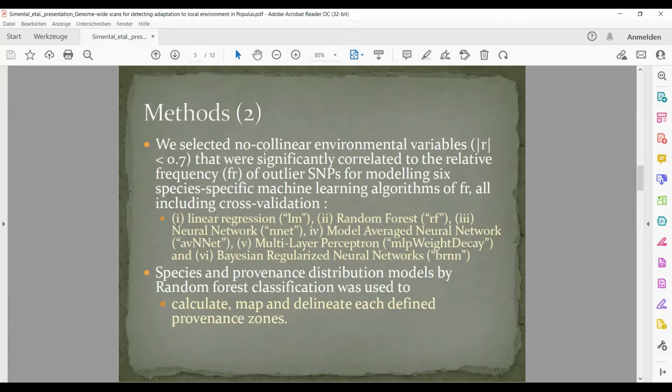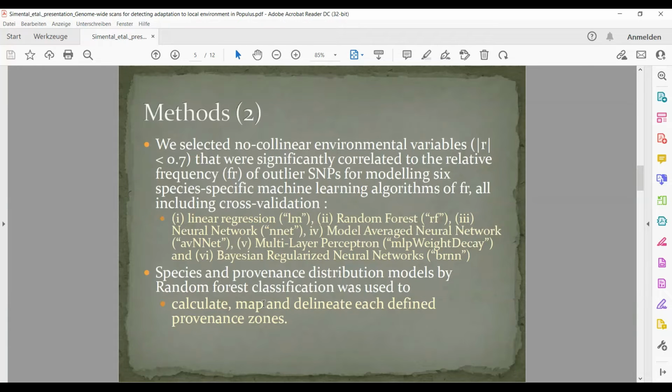We selected non-collinear environmental variables and made a correlation to the relative frequency of these 32 outlier SNPs, using 6 machine learning models: linear regression, random forest, neural network, model averaged neural network, multi-layer perceptron, and Bayesian regularized neural networks.